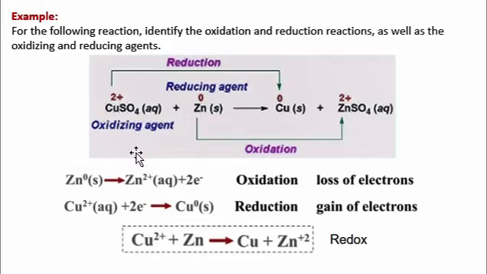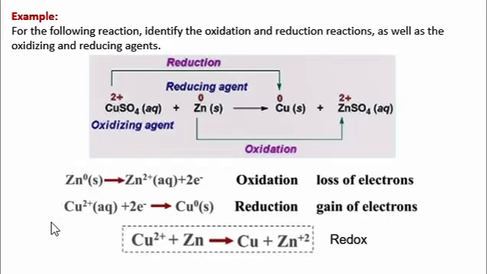So copper 2 sulfate is the oxidizing agent. The reducing agent causes reduction, so the copper ion gains 2 electrons and becomes copper metal. Therefore, it's reduced. The substance that causes the reduction of copper is zinc. So zinc is the reducing agent.